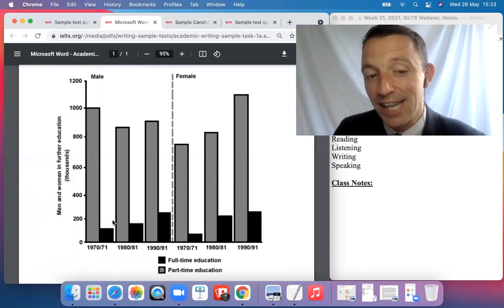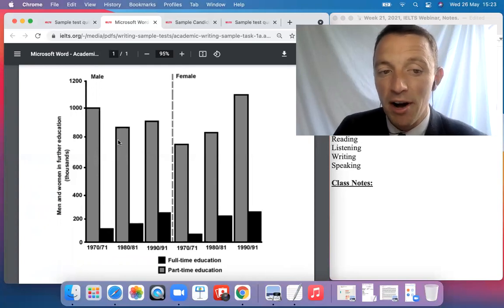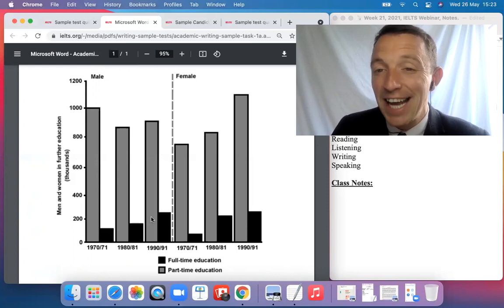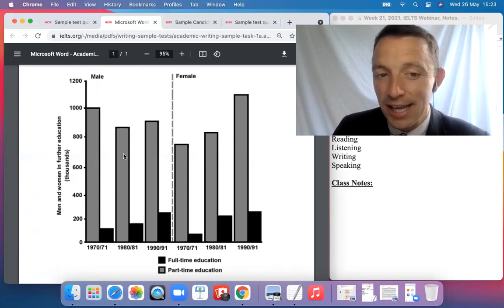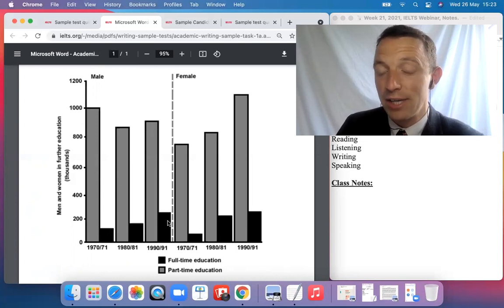If we move 10 years later, you can see the number of males in part-time education has decreased and the number in full-time education has increased a little. So there's a big point you can make here. That's a change. And then if we continue 10 years later, there is another increase in males in part-time education, and again another big increase in males in full-time education.